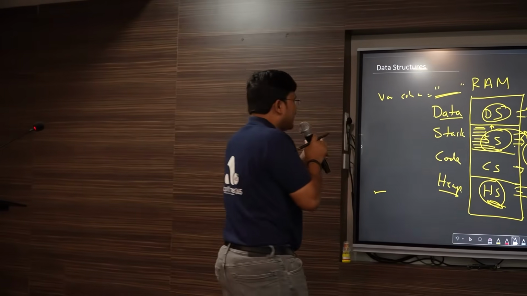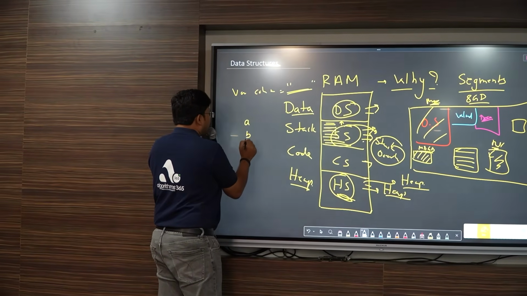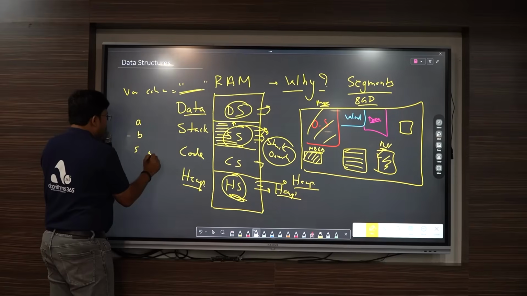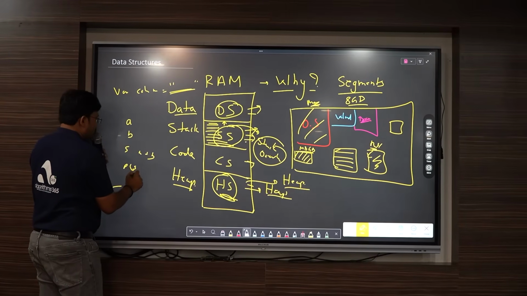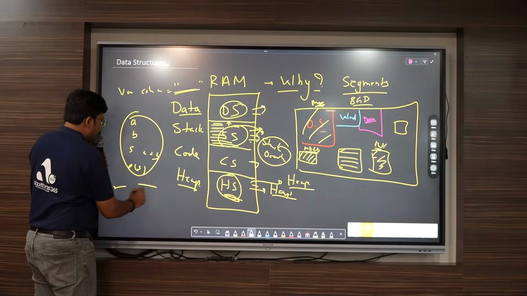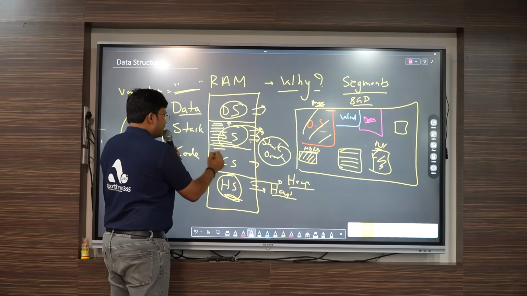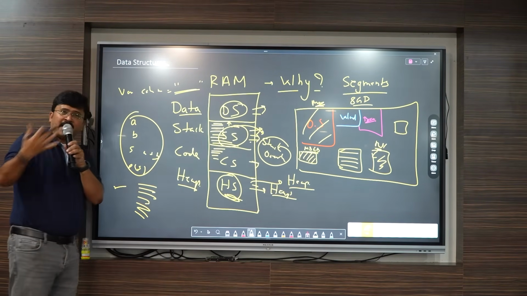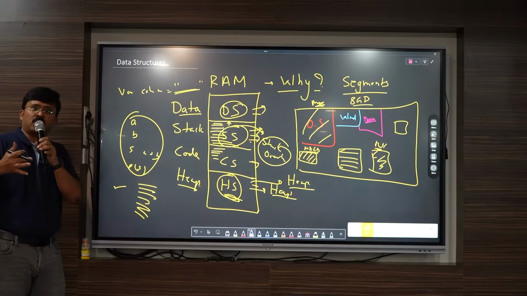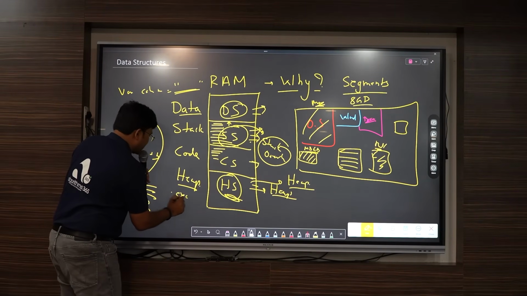Is it clear? Let's say you wrote a simple program, sum of two numbers: int a, int b, sum is equal to a plus b, then print sum, right? Four lines of code. It gets converted into binary code, and that binary code gets stored. When you compile the code in C language, it gets converted into binary and stored as an executable, exe, right?